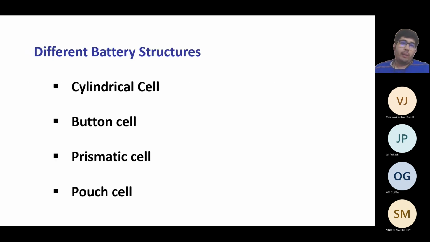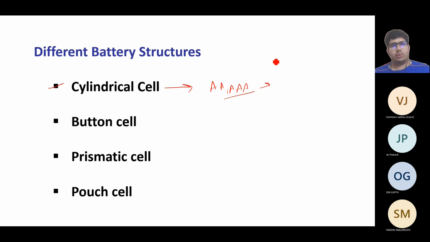Now come to the different types of battery structures. As in our daily life we have seen multiple batteries. I think every one of you has seen the cylindrical batteries, cylindrical cells, like the AA or AAA batteries that we use in our watches, in our trimmers, in our torch.